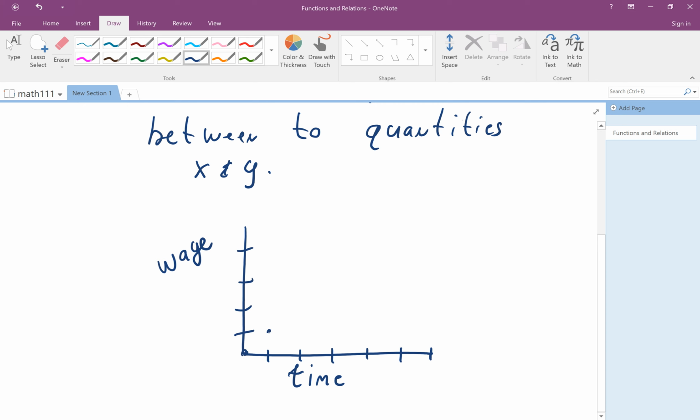Here's some time down here, and here's some wage on the side. This would be a relation because there's obviously a correspondence. The more time you work, if you're working a wage job, the more wage you would earn. This would be linear, possibly, depending on the scale of the graph. More time, more wage.